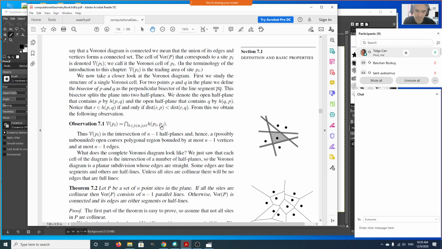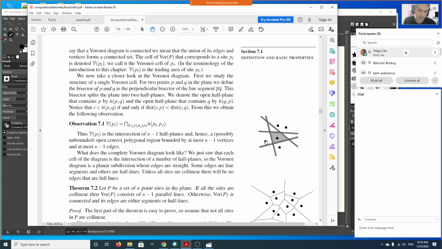For each of those, we intersect. The bisectors are drawn with respect to the central site, so we'll have different bisectors for different sites. That's what we mean.